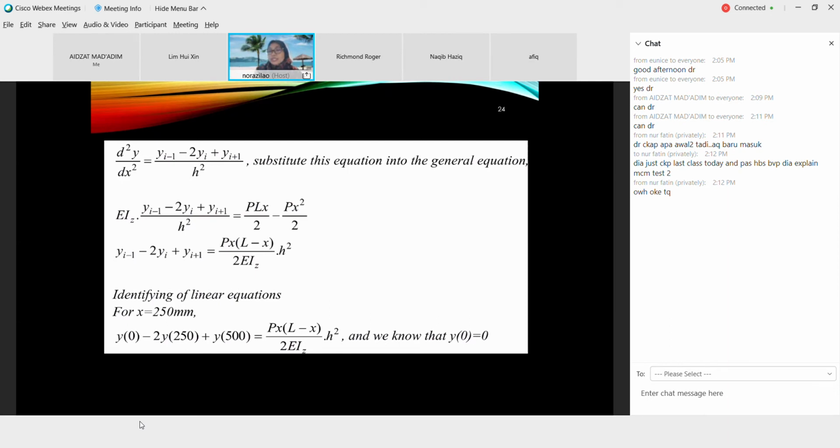Substitute this equation into the general equation. So when you have module, please have a look at the example 1.4. Okay, you boleh tengok. First, you do grid line. And then second one, substitute the central finite difference formula in the original equation.